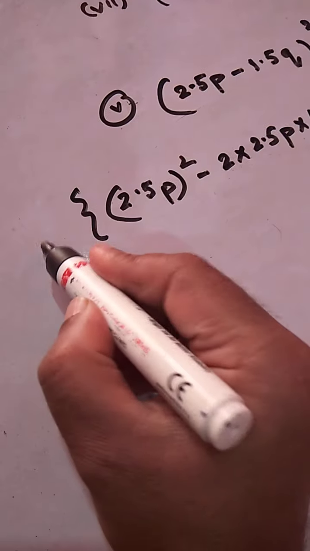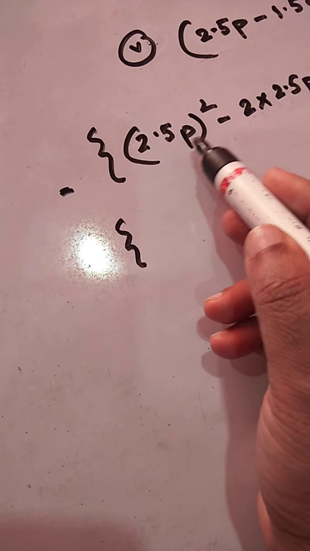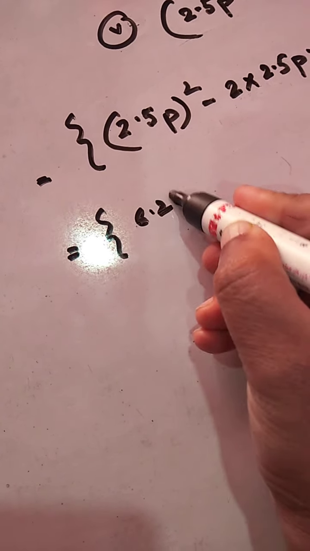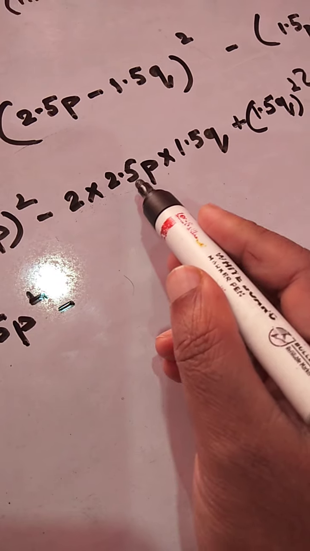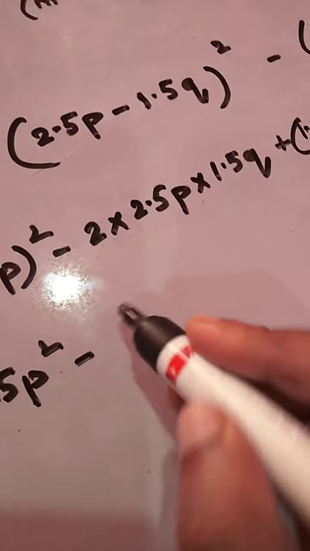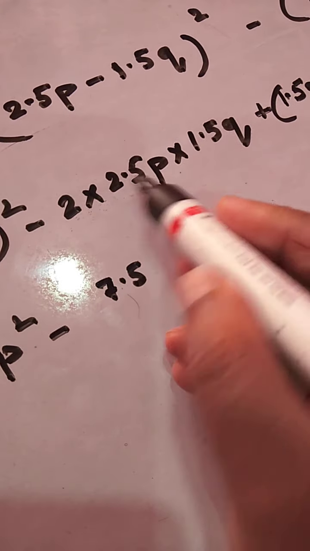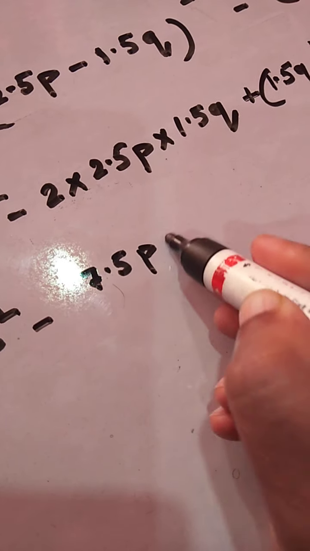Now let's solve it. The third step would be: (2.5p) square is equivalent to 6.25 p square. Then minus 2.5 into 1.5 into 2, it would be 7.5 pq, because 2.5 into 2 is 5 and 5 into 1.5 is 7.5 pq.